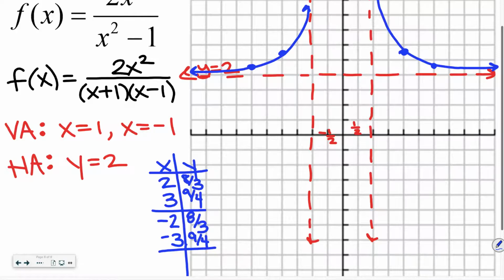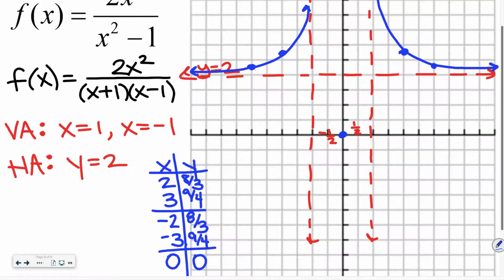The easiest thing to plug in first would be 0. What do we get when we plug in 0? 0 over -1, which is still 0. Here is the tricky part with a graph that has 2 vertical asymptotes. 2 different things could happen.